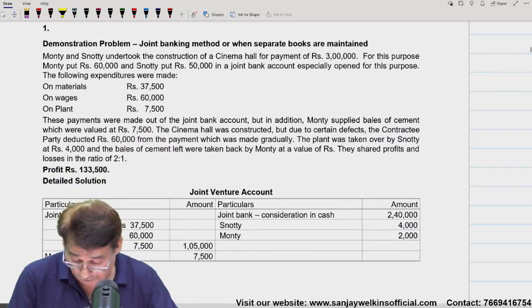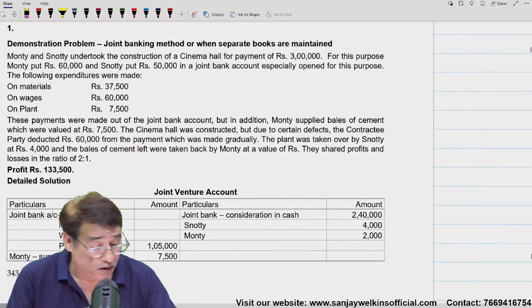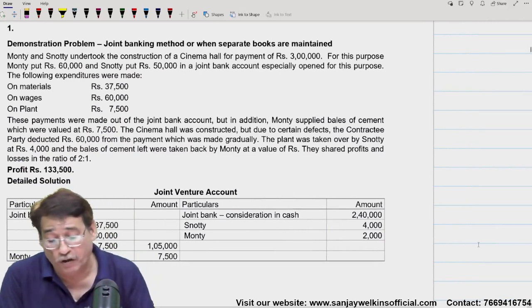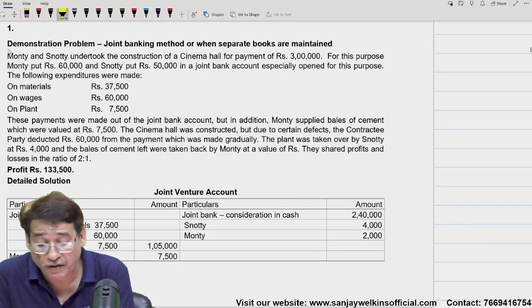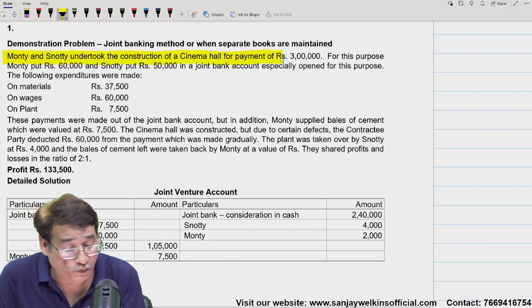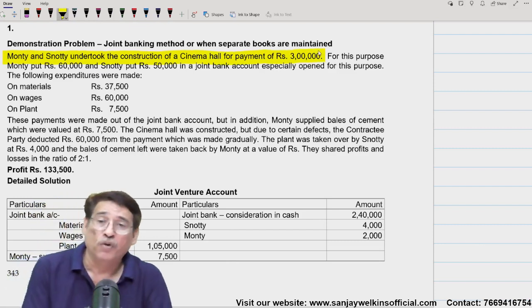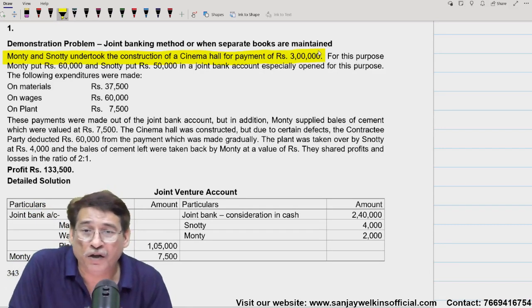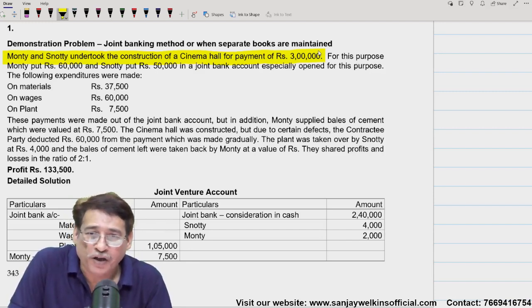So now we pick up the first question. In this particular question, it is given that Monty and Snooty undertook the construction of a cinema hall for a payment of 3 lakh. Monty and Snooty will be known as co-venturers.